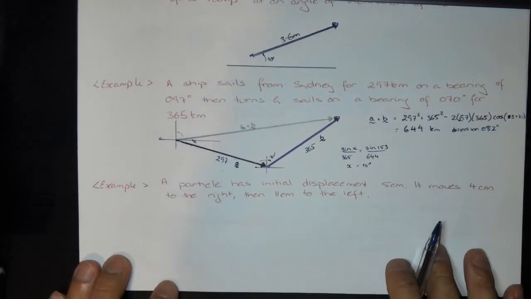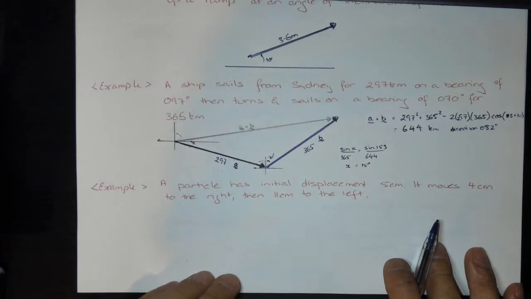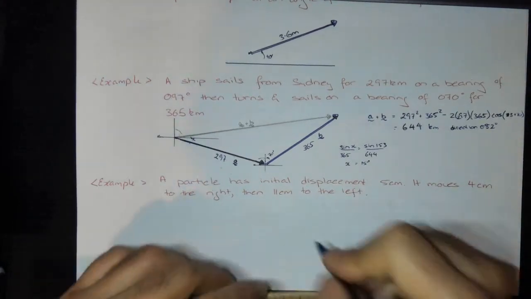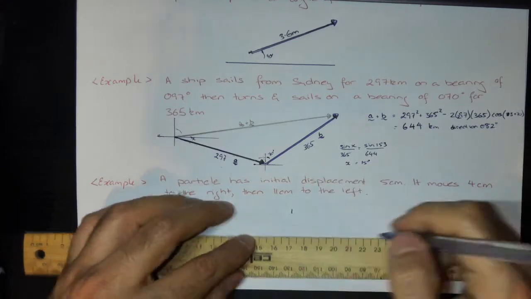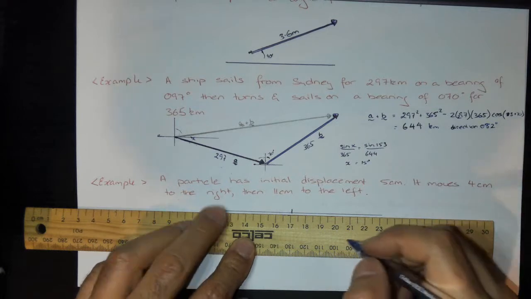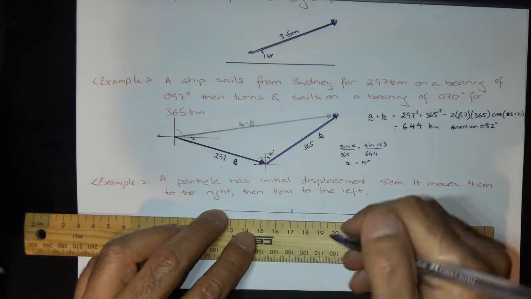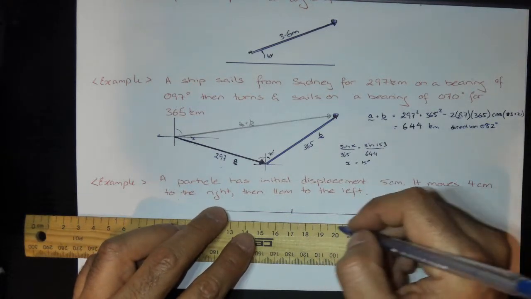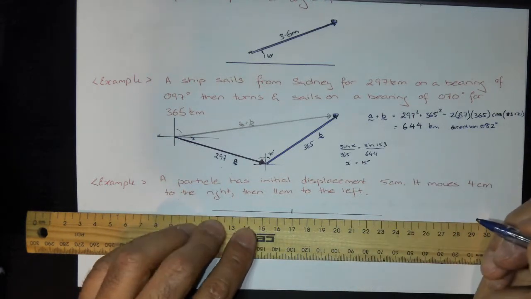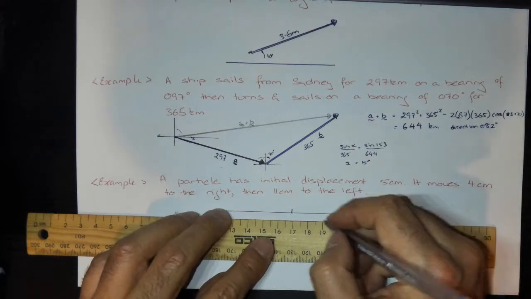All right, let's look at this one. A particle has an initial displacement of 5 centimeters. It doesn't say to the left or to the right, but let's just assume it's going to go to the right. Okay, so I'm going to start 5 units.